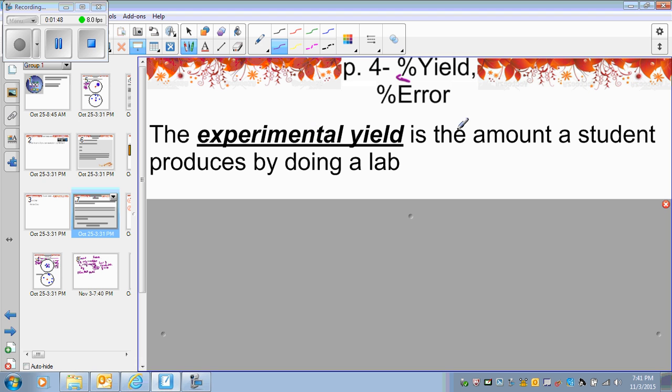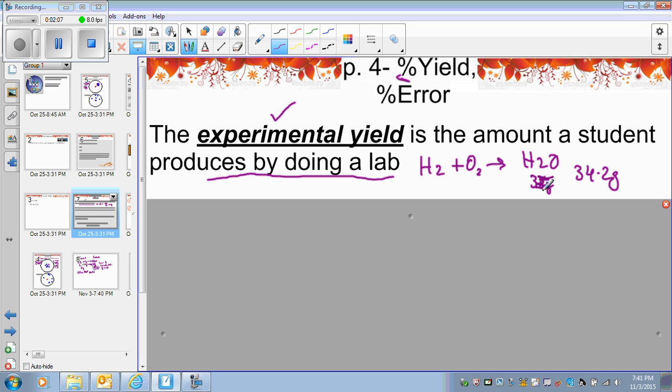The experimental yield is the amount a student produces by doing a lab. So when you actually do the experiment, if you take hydrogen and oxygen in the class and you produce water, and instead of getting 36 grams you got 34.2 grams, this is the experimental yield.